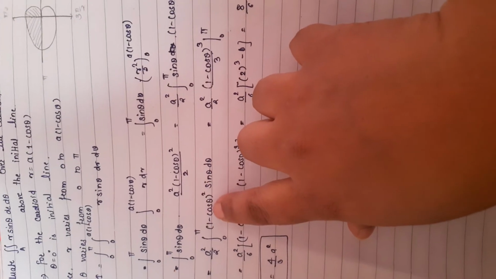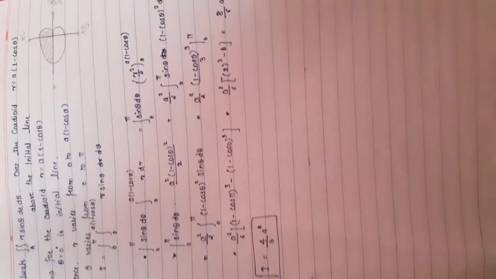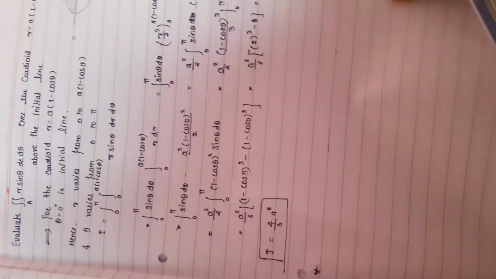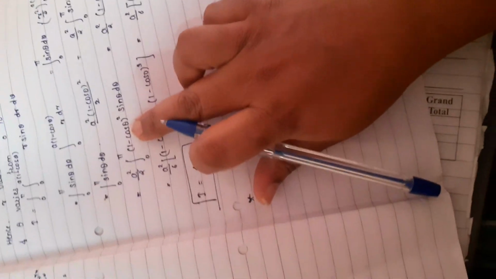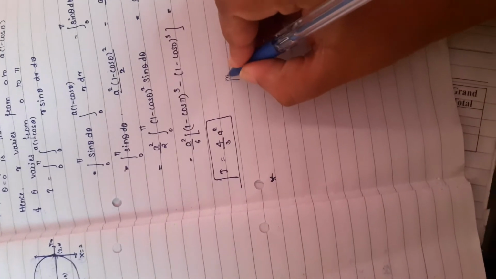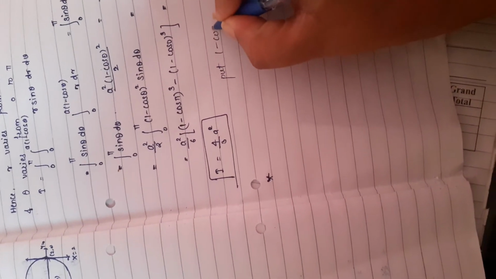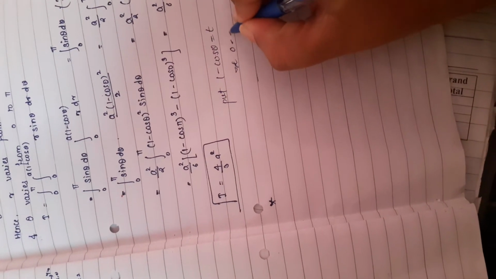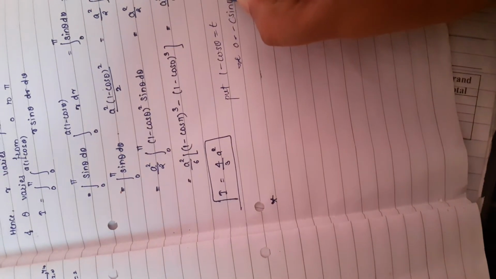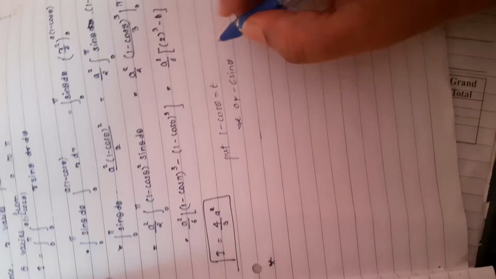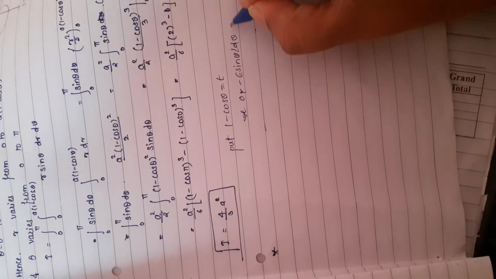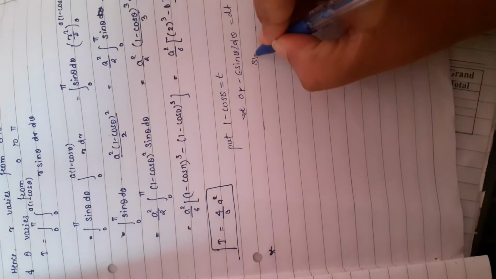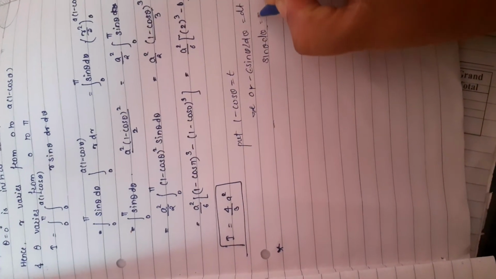Now we can solve this by substitution. Put 1 minus cos theta equal to t. Then taking the derivative, this becomes 0 minus, minus sin theta into d theta is equal to dt, so sin theta d theta is equal to dt.